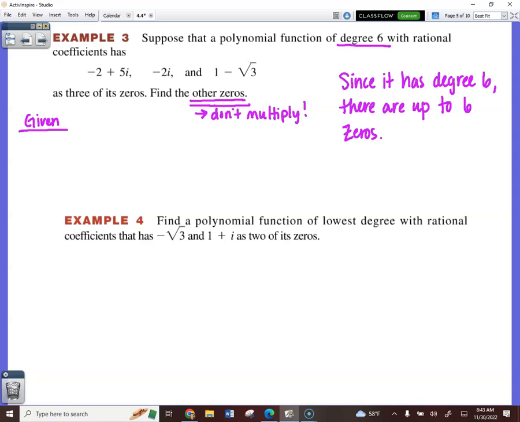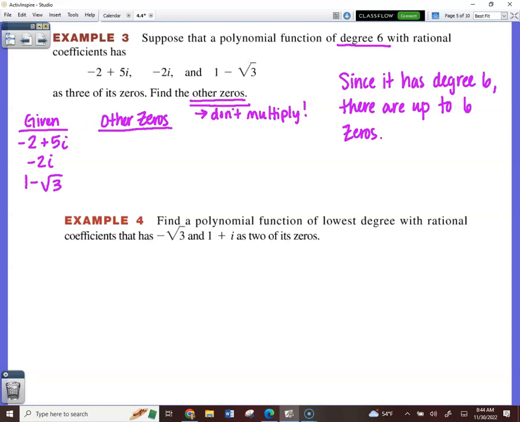So they gave me negative 2 plus 5i, what else? Negative 2i, and 1 minus square root 3. They've already given you how many answers? 3 of them. How many do we need to find? 6.